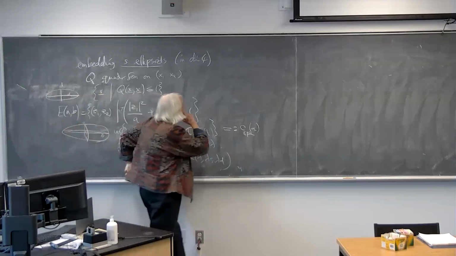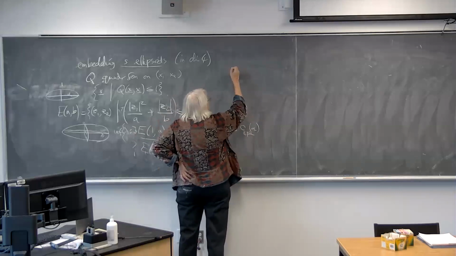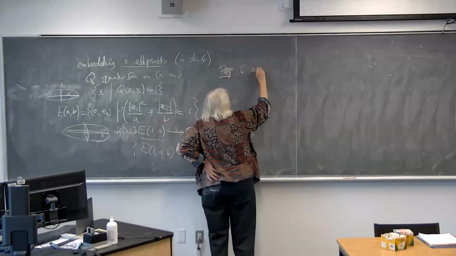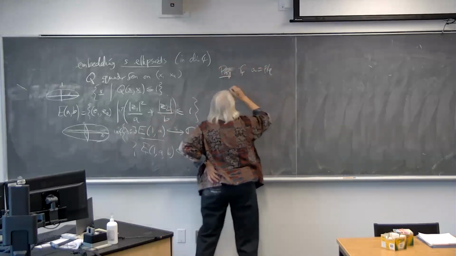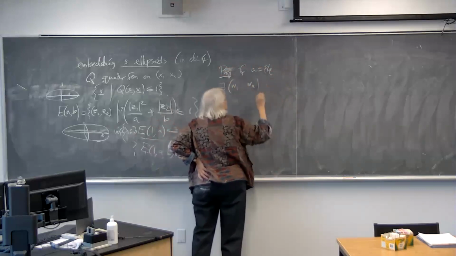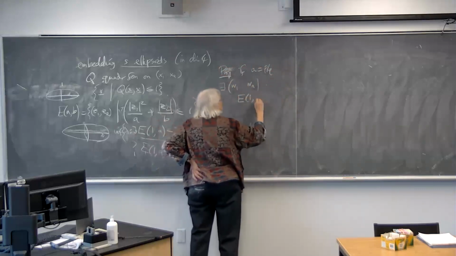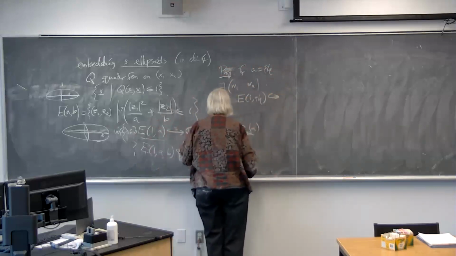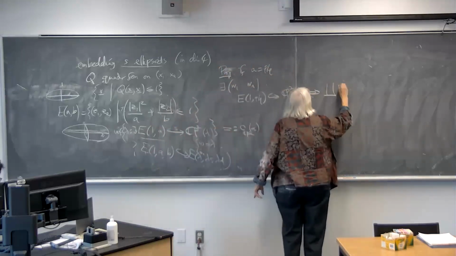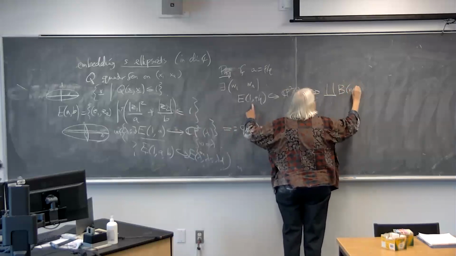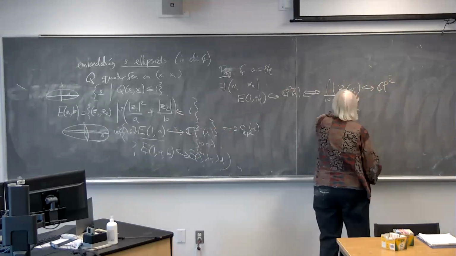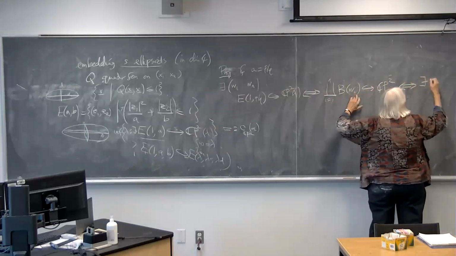The way you can see that is, there's a proposition that if a is rational, there exists a weight decomposition, numbers w1 through wn, such that E(1,p/q) embeds into CP2 if and only if a certain union of balls of sizes wi embeds into CP2. That problem is completely solved.